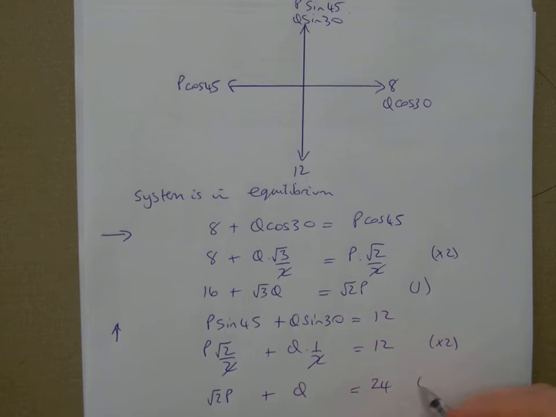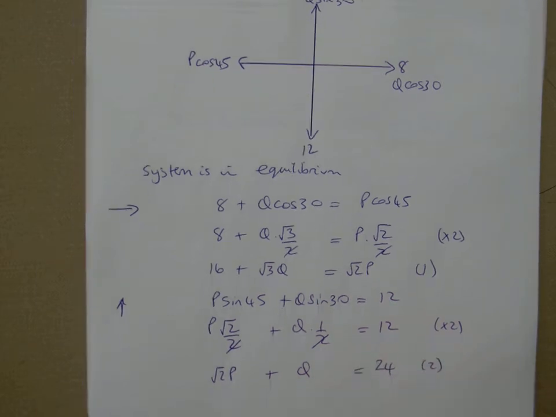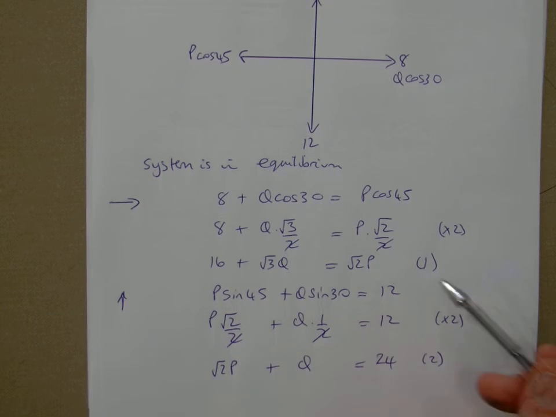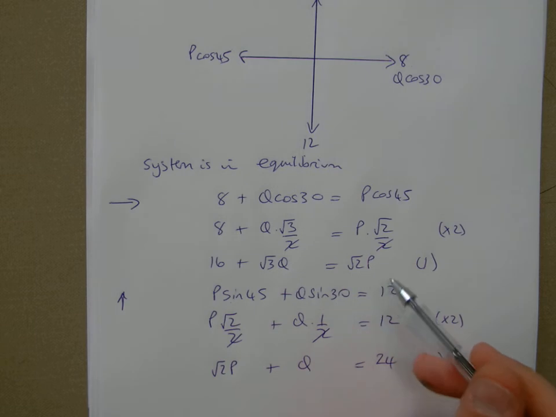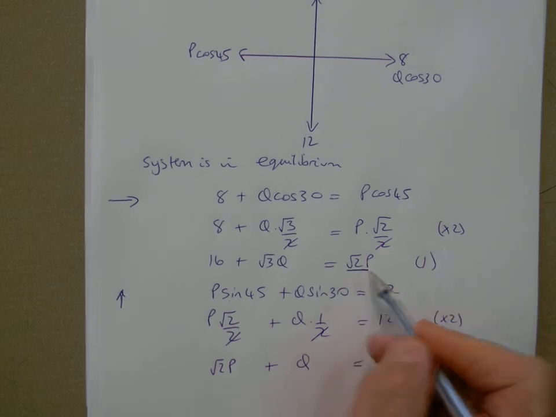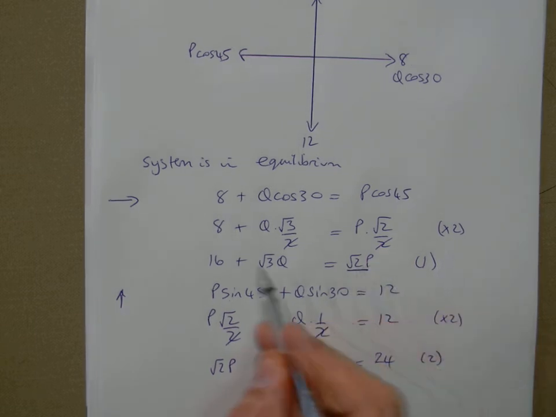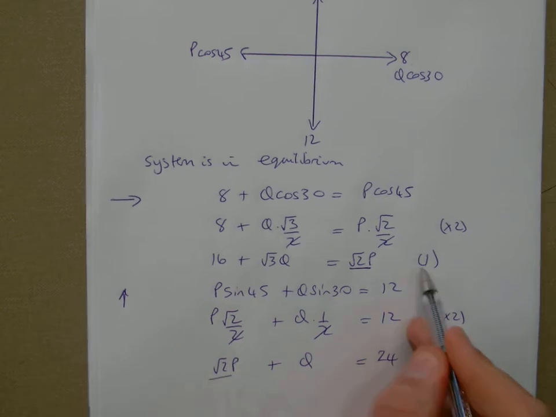Equation 2. Now, what I hope you notice here with equations 1 and 2 is they look kind of complicated with all these roots in, but with number 1, we've got an expression for root 2P. It's equal to 16 plus root 3Q. But I've got root 2P in equation 2, so I could substitute my expression for 1 into 2.